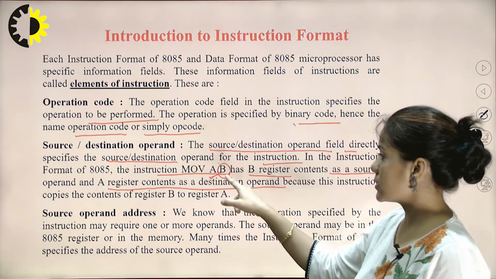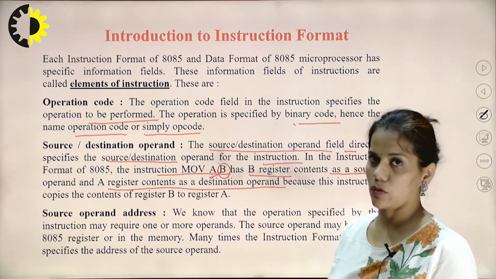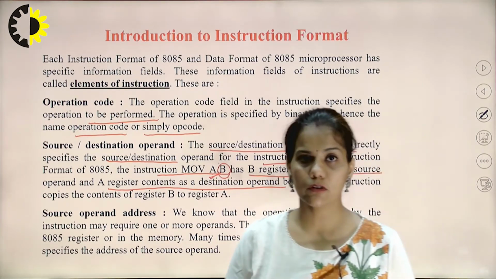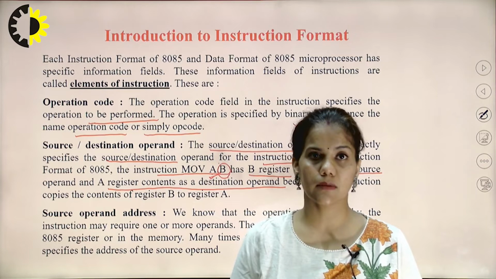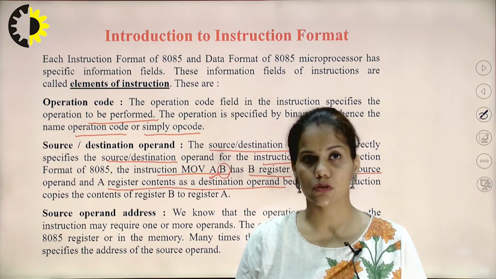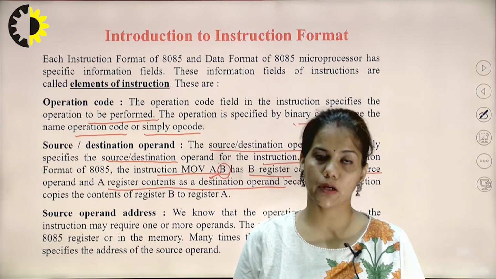So this is the source operand and this is the destination operand. If we consider any instruction of 8085, we will see it has either the source or destination operand or both.